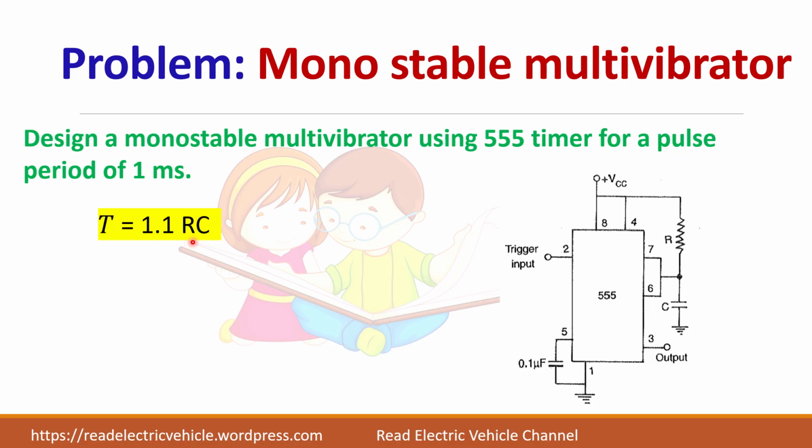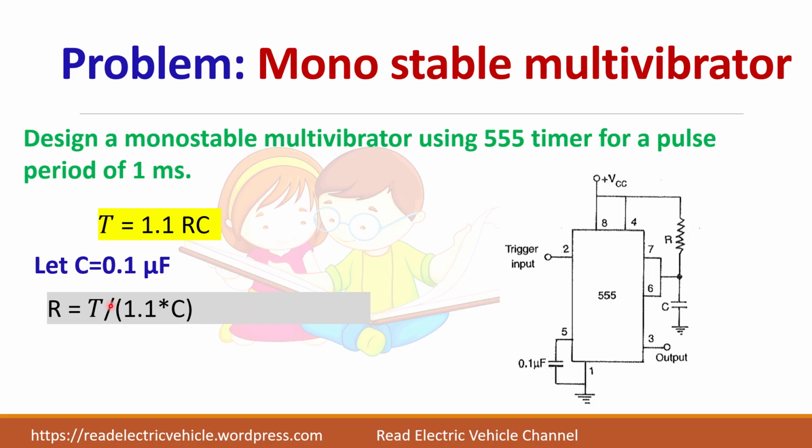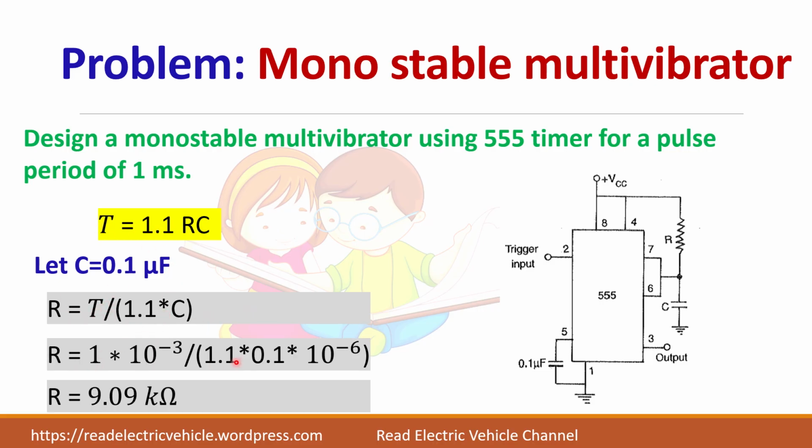We need to find what R and C are, because T is given. Time period T is equal to 1 millisecond. Let us assume the capacitor value is equal to 0.1 microfarad. Now R will be T divided by this one. So substitute it. R is coming around 9.9 kilo ohms.